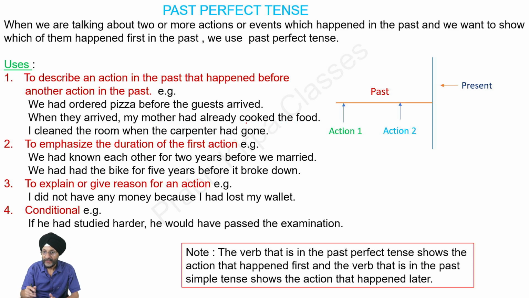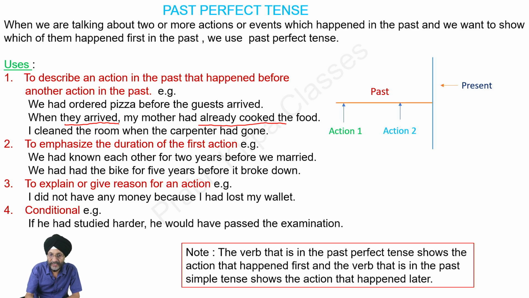That is, the food had already been prepared by the mother. This part of the sentence has to be in the form of past perfect tense. The action had already been taken. They arrived later on. So this part of the sentence is in past simple form.